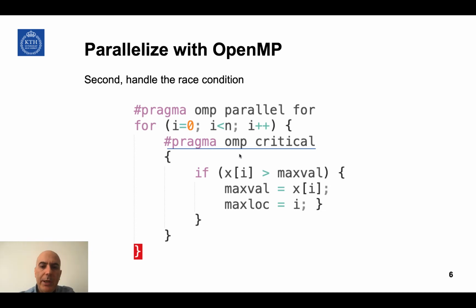So we add the pragma omp critical, and this is the part of the code included between curly brackets that is executed by just one thread at a time.